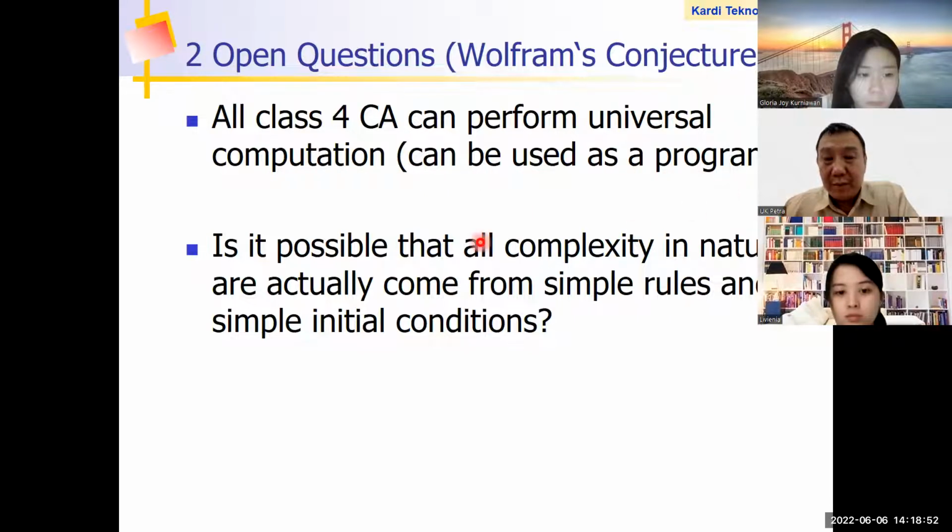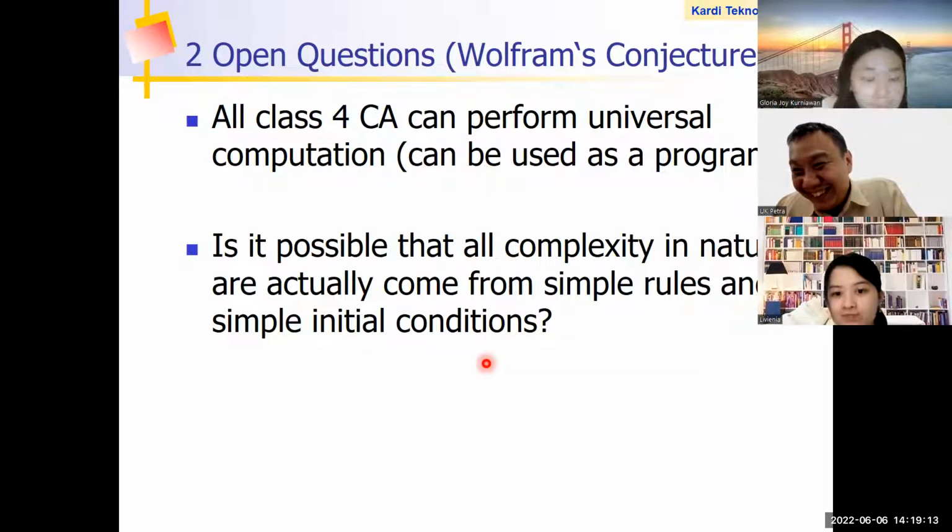So that is the big question here: is it possible that all the complexity in nature actually comes from simple rules and simple initial conditions? The next question is, are we actually just a program? Is life itself just a simulation or a program?